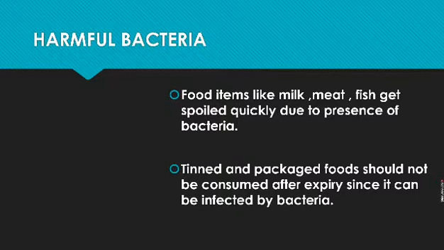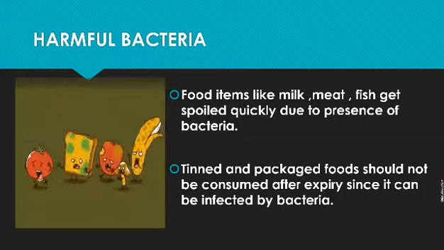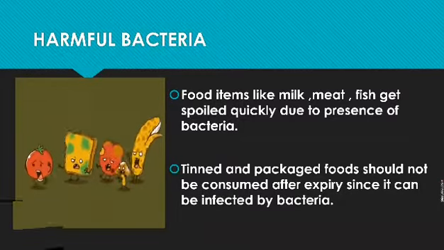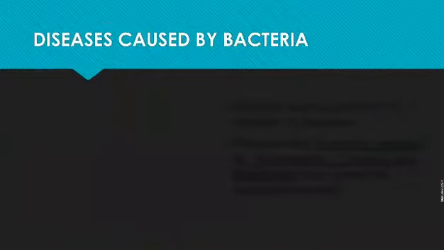So your mom tells you not to eat food after the expiry date because she knows that it can be infected by bacteria. Okay guys, then in the next slide we will learn about the diseases caused by bacteria. So this is how the food gets spoiled.